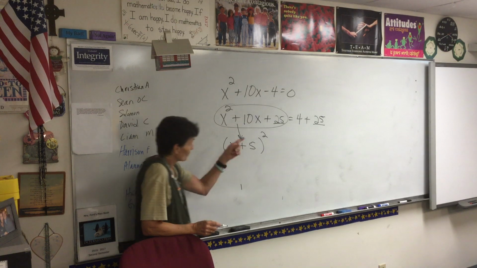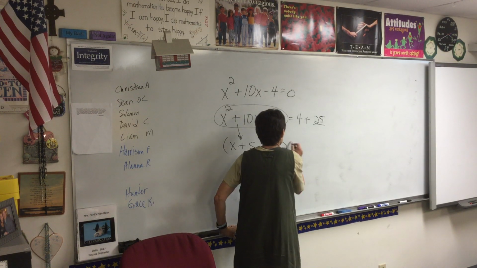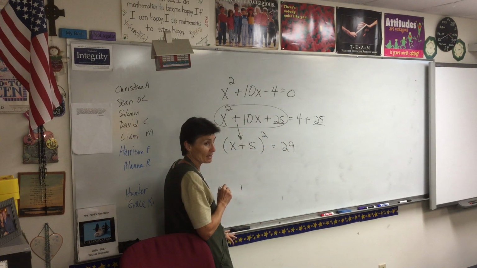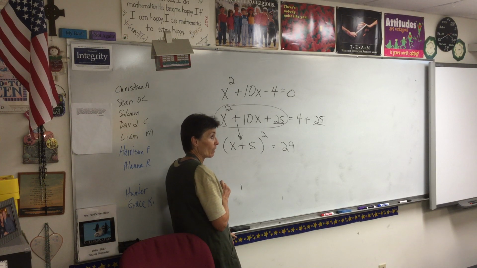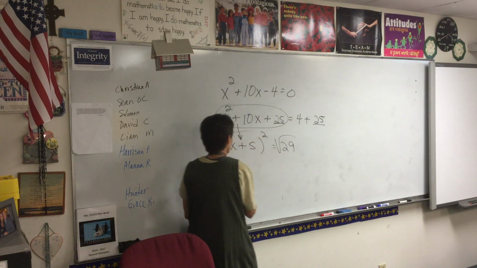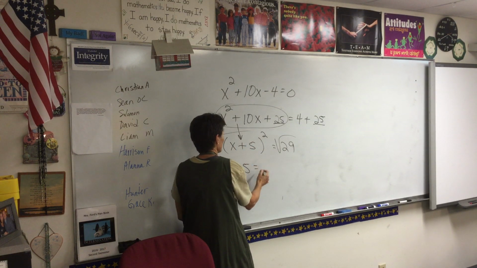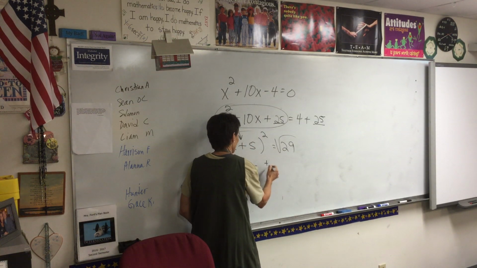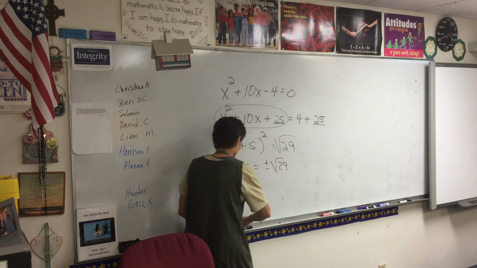And then over here, of course, you got 29. Now, here it's easy. I think everybody will get it right if you can get this far. Now we simply square root both sides. So x plus 5 equals plus or minus root 29.